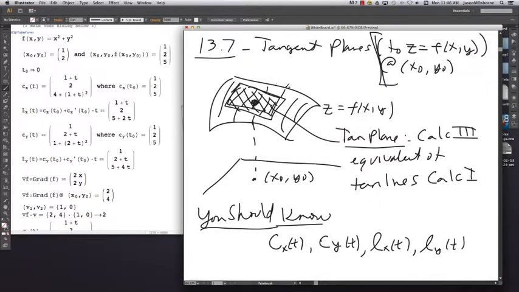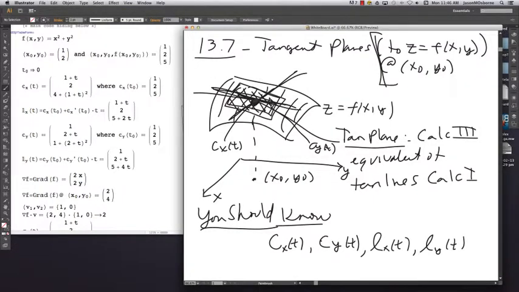In the picture, you've computed the curve on the surface in the x direction, this is our Cx of t, and a curve on the surface in the y direction, that's your Cy of t. And we have computed the tangent lines to each of those curves.